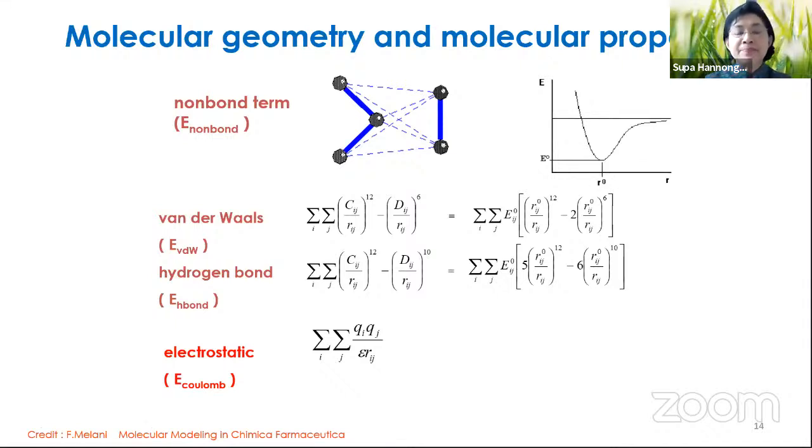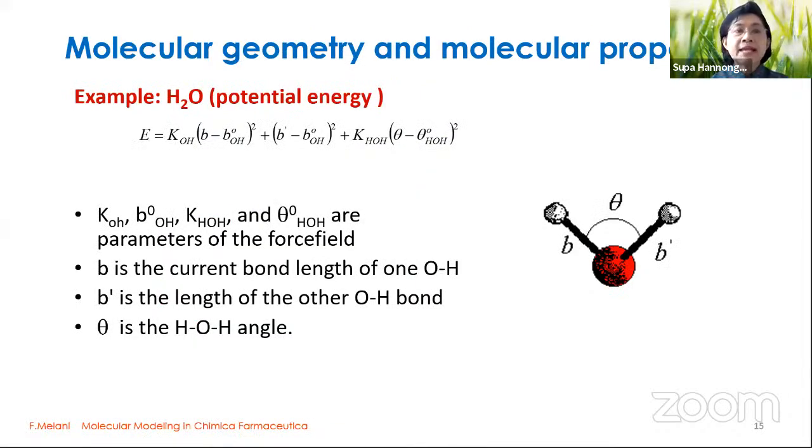Okay, and in some molecular mechanics development, sometimes they try to put in the 7th term, the 8th term into the equation in order to improve the quality of the prediction. It could be, but sometimes it does not help much. But van der Waals and hydrogen bond are already verified in the equation. Okay, so most of the program packages will have both terms in the equation of molecular mechanics, right?